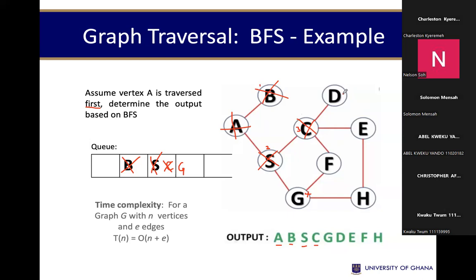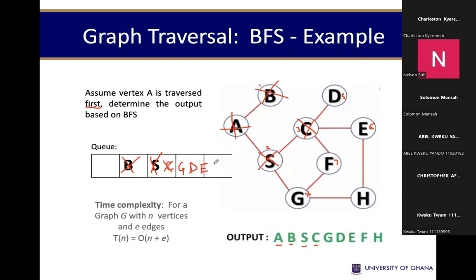So D in terms of alphabetical order becomes 5. E becomes 6. F becomes 7. Now, if we are done with C, and when we come to the queue, we are going to be adding D, E, still because of space, that's why I'm writing small.